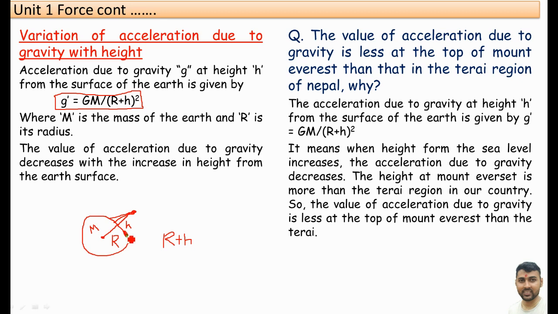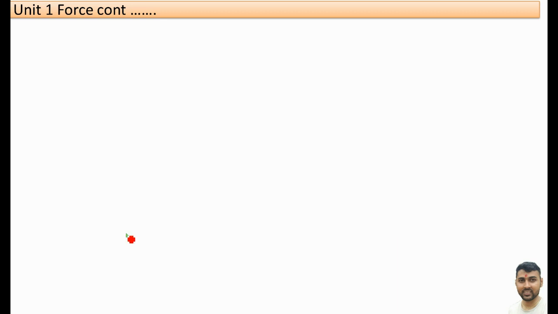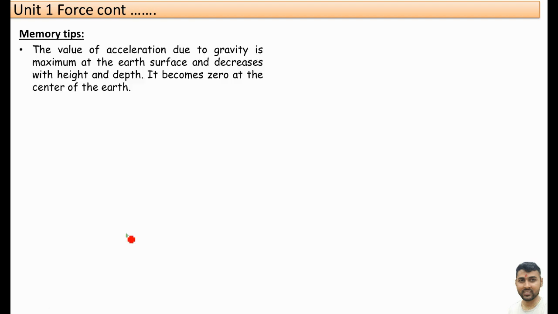The height at Mount Everest is more than the Tarai region in our country. So the value of acceleration due to gravity is less at the top of Mount Everest in comparison to the Tarai region of Nepal.